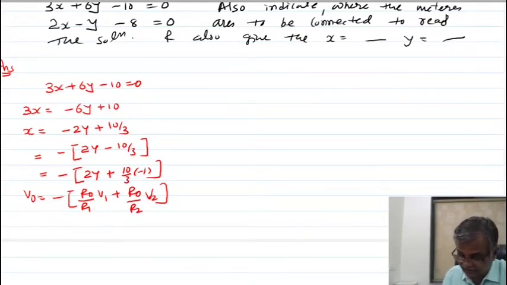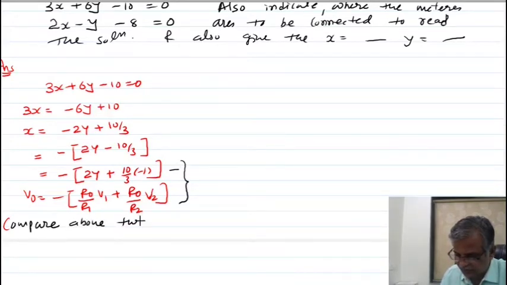Now compare these two equations. So you will get V1 is equal to y immediately, and V2 is equal to minus 1.